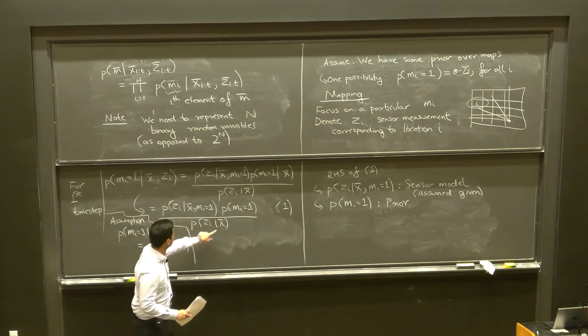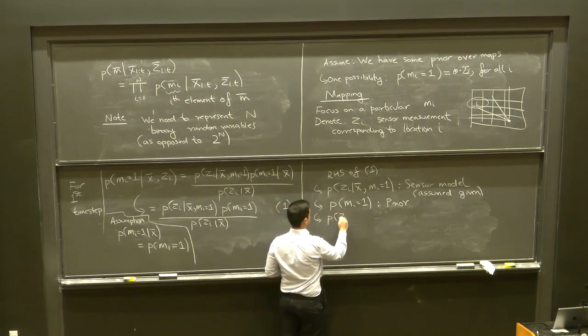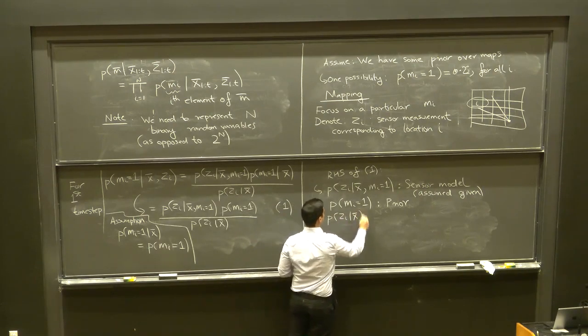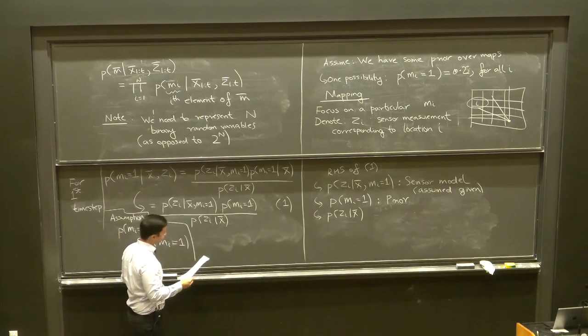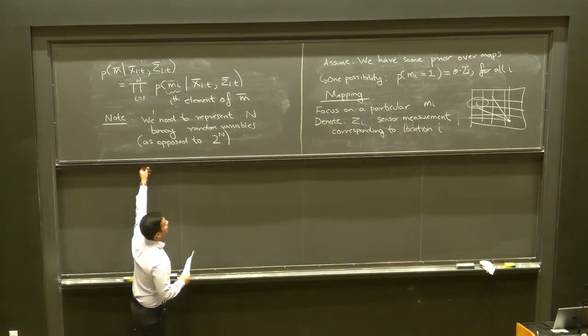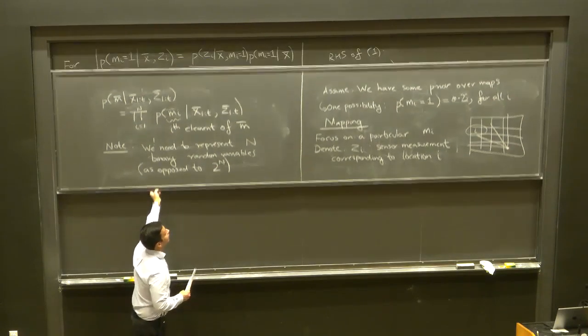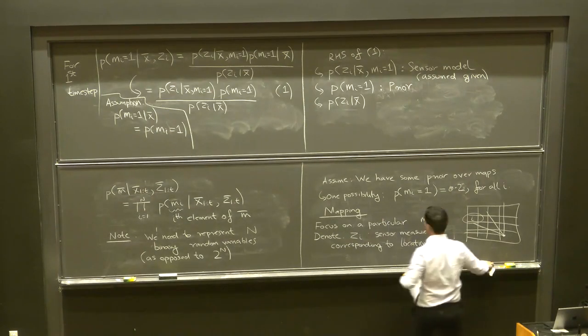And the last term is this denominator term, P of Zi given x. It turns out that this is complicated to calculate, but there's going to be a trick to avoid the calculation.